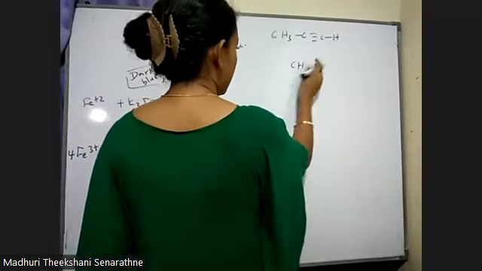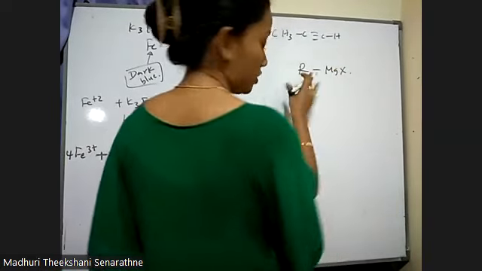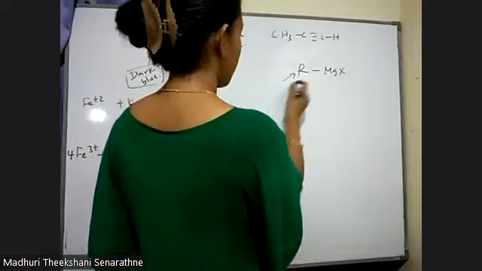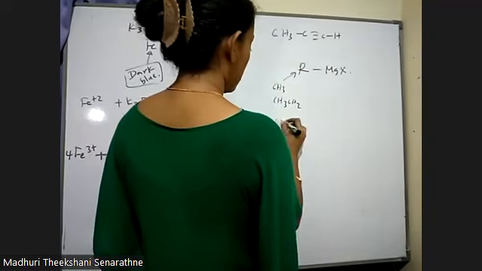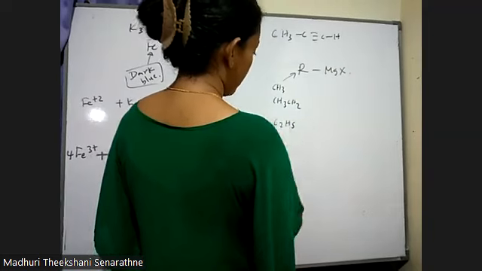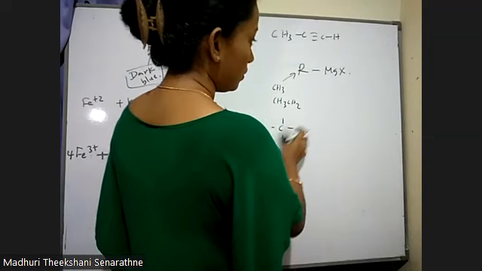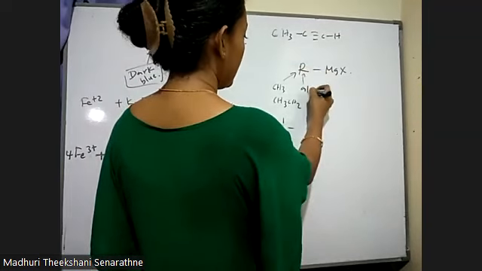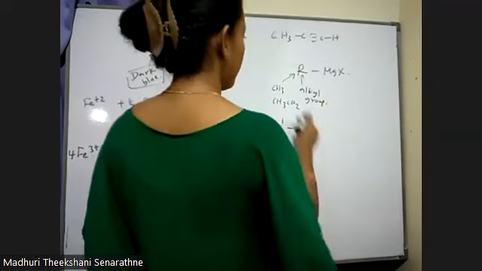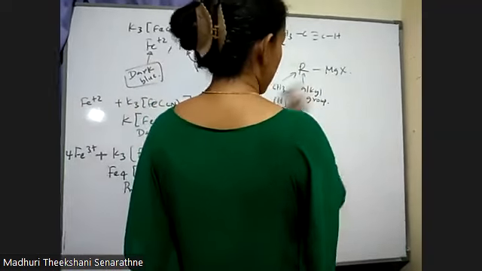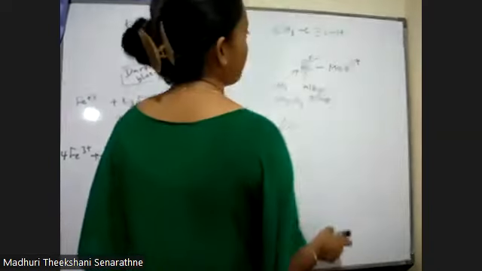In the Grignard reagent, RMgX, R may be CH3, CH3CH2, C2H5, a branched one, any alkyl group. Normally the Grignard reagent is polarized as MgX delta plus and R delta minus.